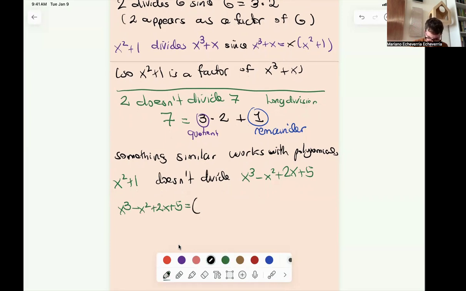You can write it as x minus 1 times x squared plus 1 plus x plus 6. So this is the remainder, and this one would be the quotient.